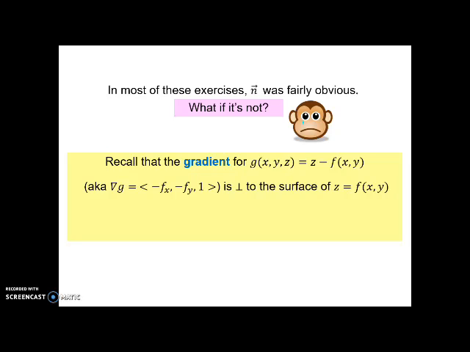That's from a previous lesson. So n will be plus or minus the gradient of g divided by its length, depending upon whether n points upward or downward. You would need the plus or minus sign. Or you could just take the opposite of the gradient.